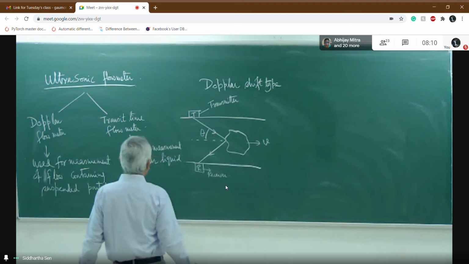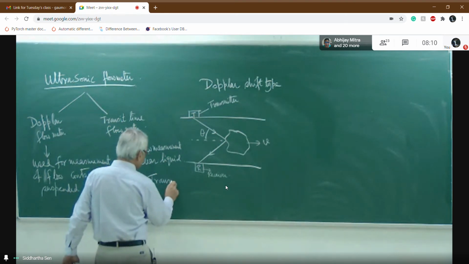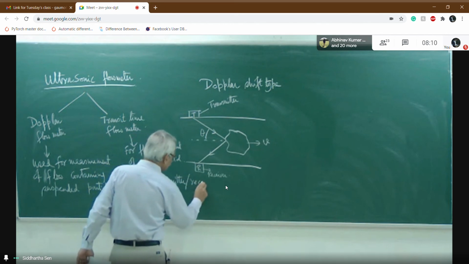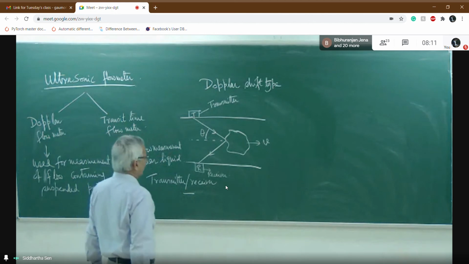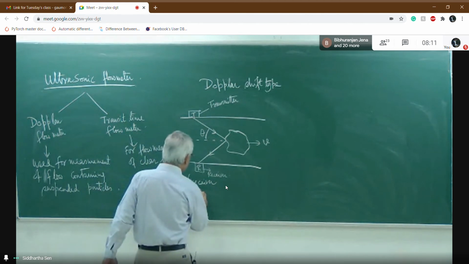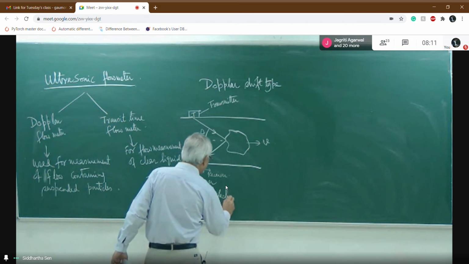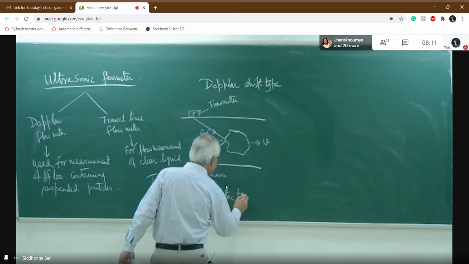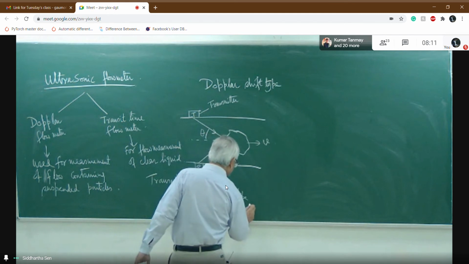And the question is, what is a transmitter? These transmitters and receivers are basically piezoelectric type sensors or actuators.